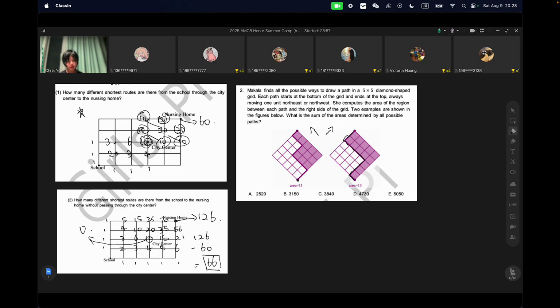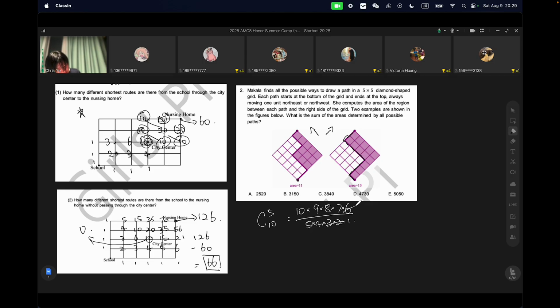So in order to find how many of those steps are going northeast, we need to use the combination method, because we want to choose the 5 steps that will go northeast or northwest. So 5 out of 10, and using that we would have 10 times 9 times 8 times 7 times 6 divided by 5 times 4 times 3 times 2 times 1.